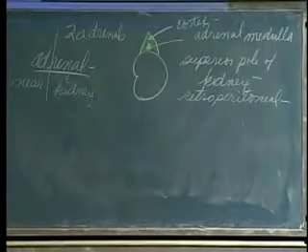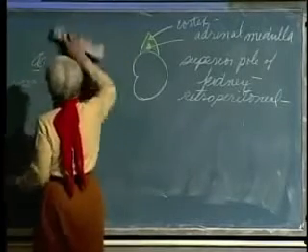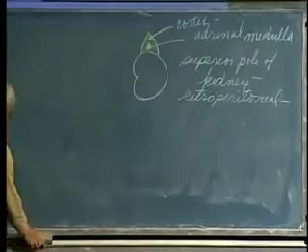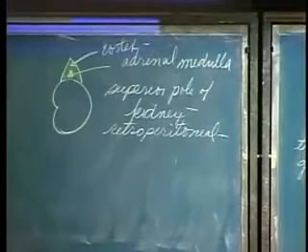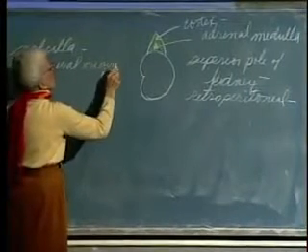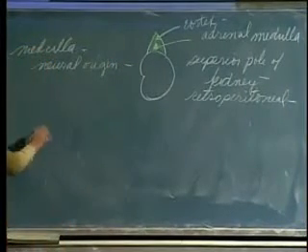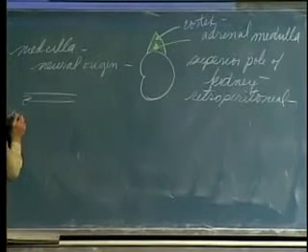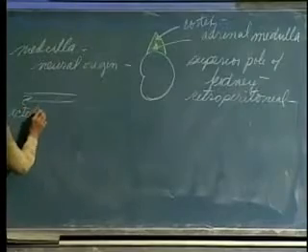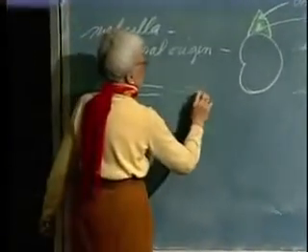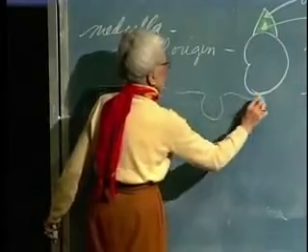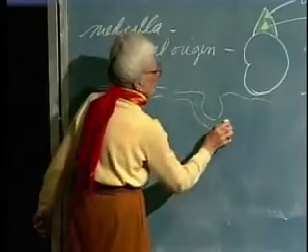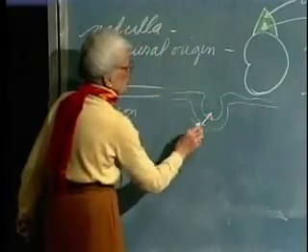So if we look at the adrenal medulla first, it's of neural origin. Quick review, remember our nervous system was forming from a sheet of ectoderm. And then it folded, forming our neural groove.